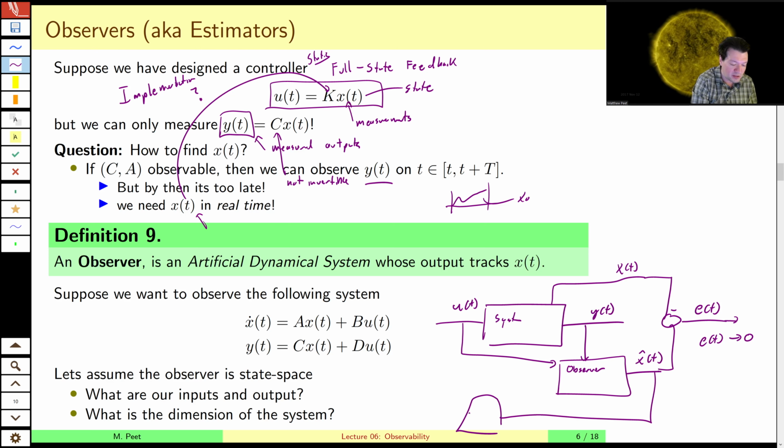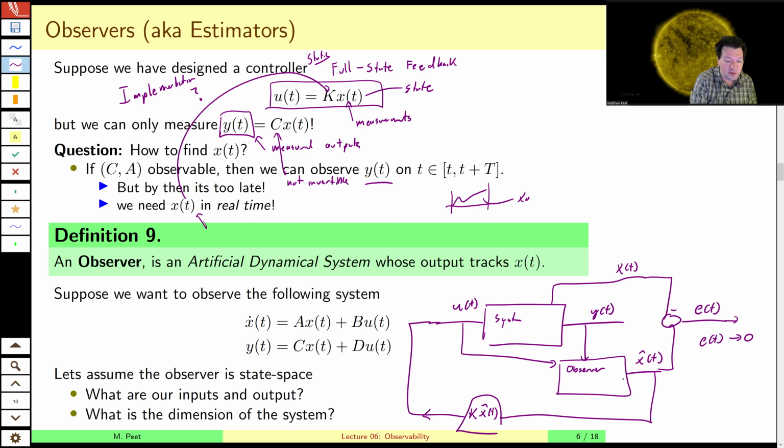So when we implement our controller, obviously we can't measure x of t, as we argued. So we'll use the estimate of the state as our input and close the loop on the system. And in this case, we would like the system to be stable in closed loop.